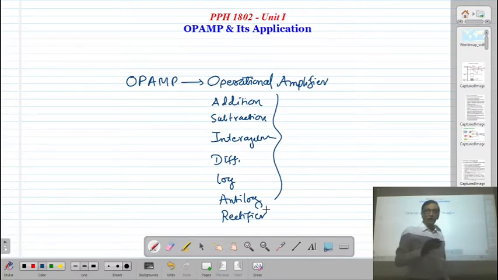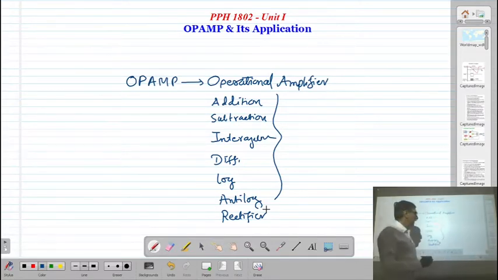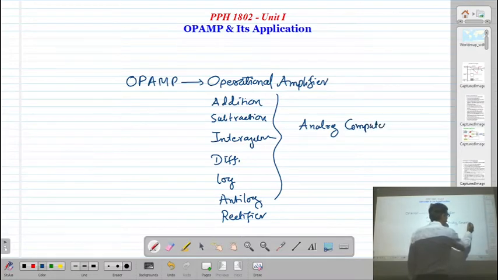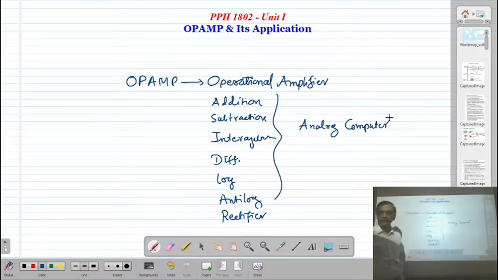Basically, this op-amp was developed for analog computation, or it was developed for the analog computer. When the digital computer was not there, then the analog computer was there.